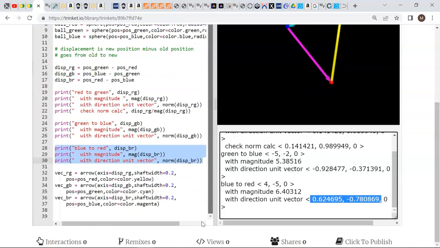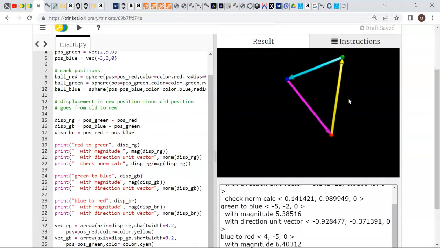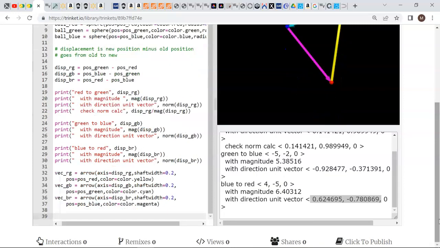One last check is that we ended up where we started. We went from red, displacement yellow arrow to green, displacement cyan arrow to blue, displacement magenta arrow to red. So the total displacement, new line, "total displacement," then a comma after the quotations.